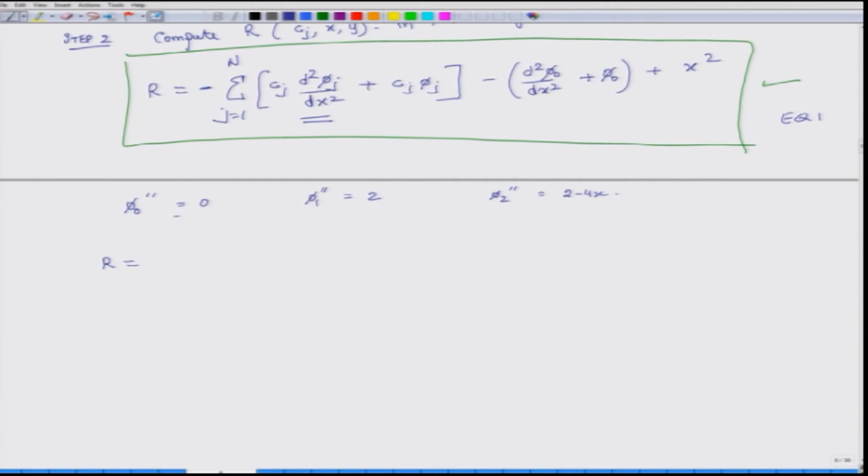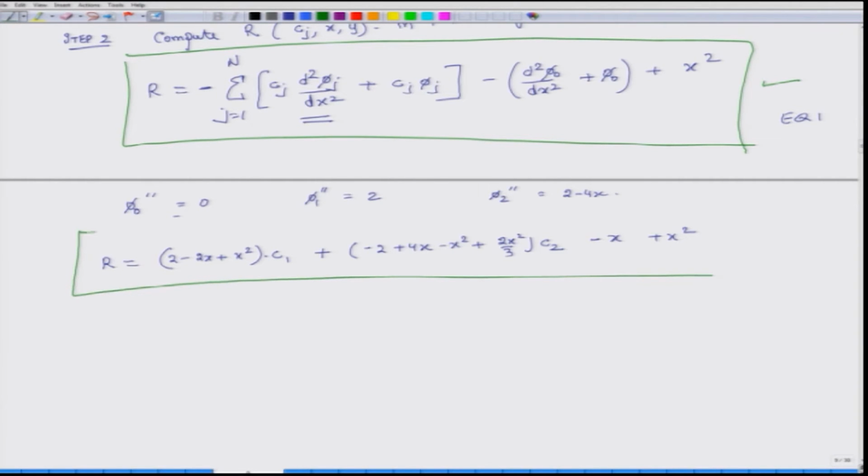If I plug phi naught double prime, phi 1 double prime, phi 2 double prime in the first equation, then my R comes out as 2 minus 2x plus x square times C1, plus minus 2 plus 4x minus x square plus 2x square by 3 times C2, minus x plus x square. So, this is a simplified expression for residue R.